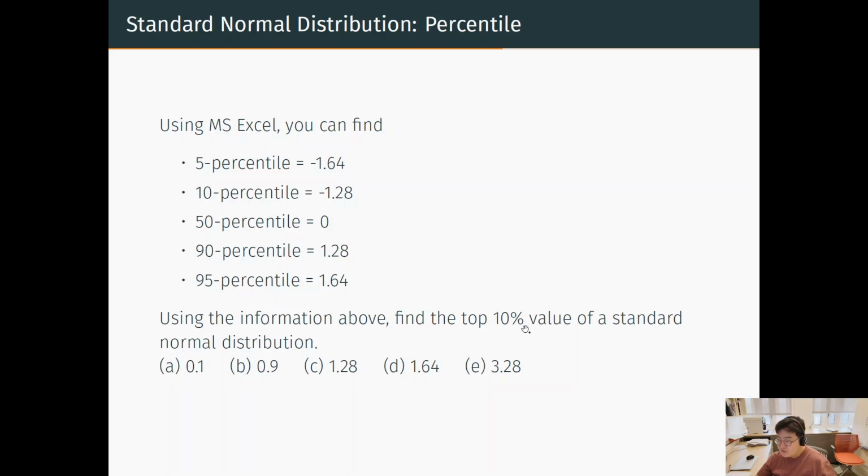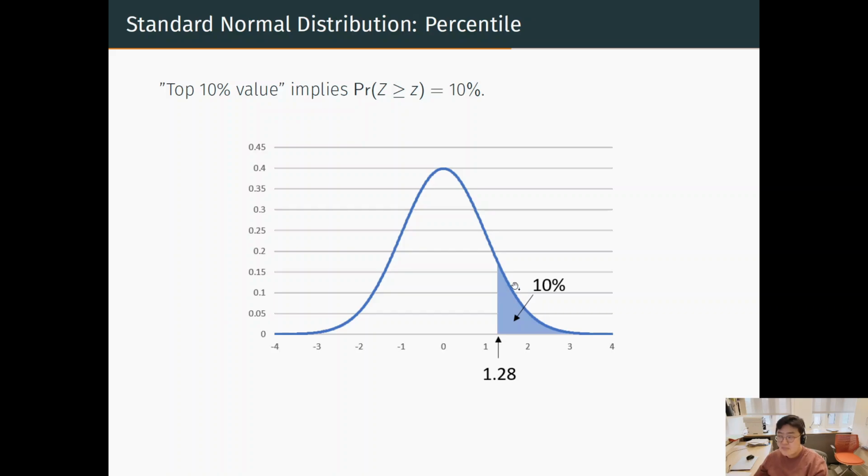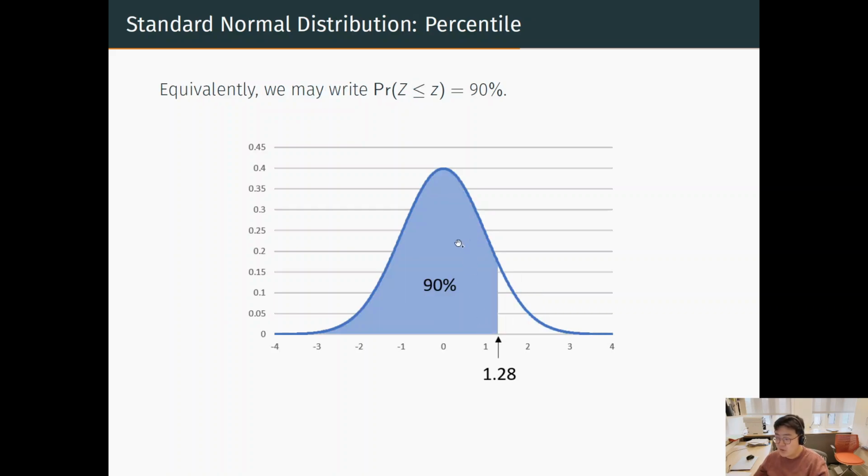If you count probability from the top, we call this top 10%, but percentile is based on cumulative probability, so it counts from the bottom, so we have to use 90. So the answer is C, right? 10% from the top or 90% from the bottom, they are the same thing. Anyhow, it is approximately 1.28.